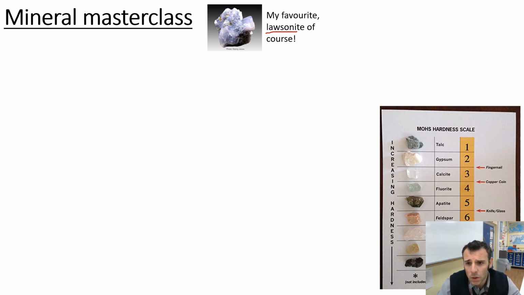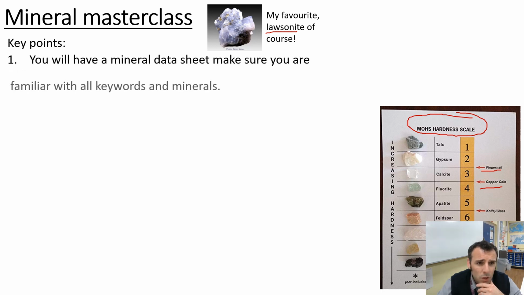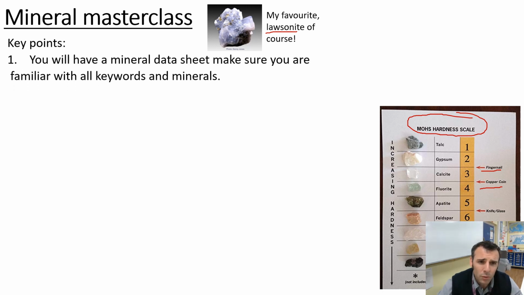So first off, you'll see Mohs hardness scale here on the right hand side, and the different hardness tests that you can do. So minerals is all about testing, all about characteristics and things like that. So first key point you'll see is a mineral data sheet. We know that we are going to have that in the exam, and that's going to be absolutely key to our success.